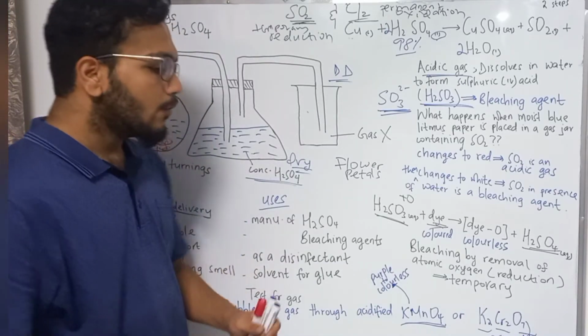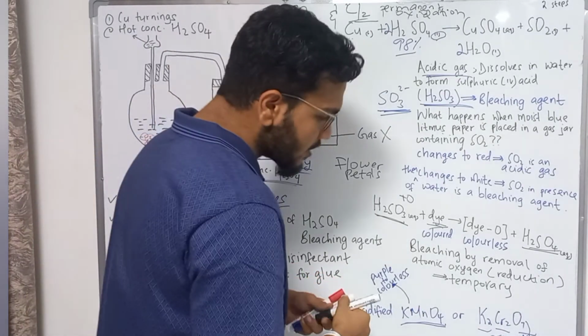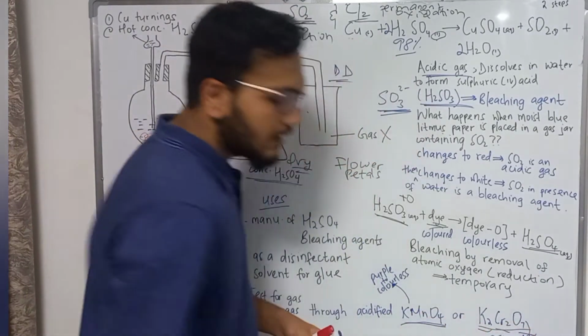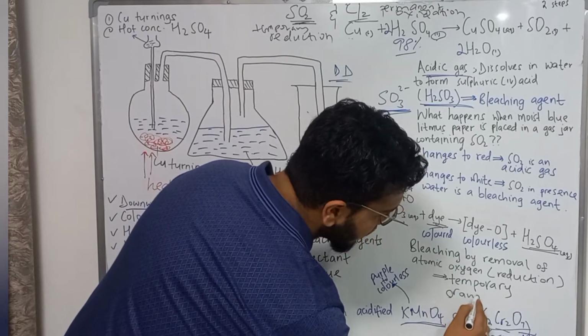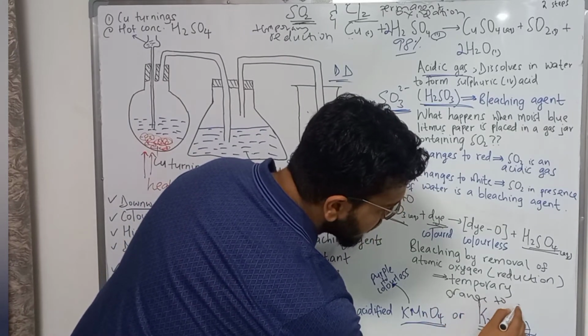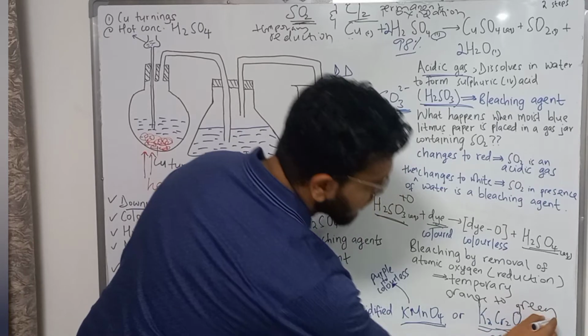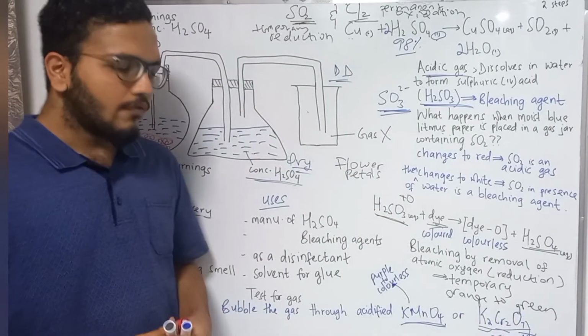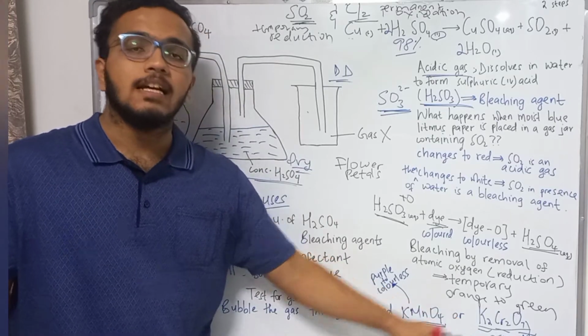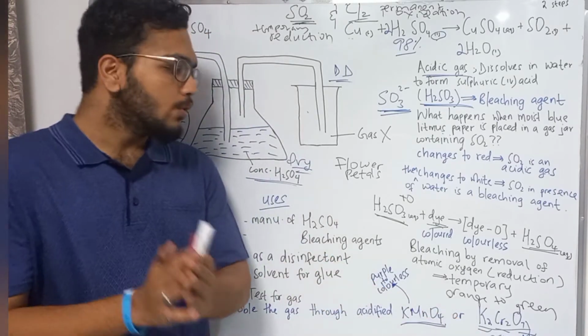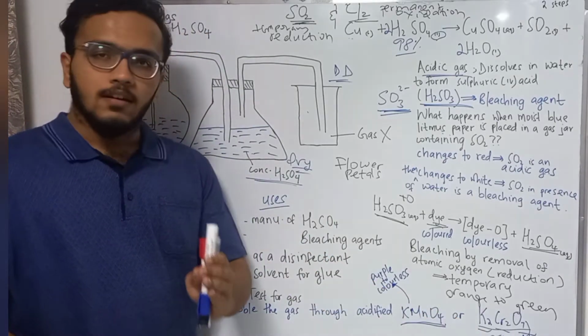And when it is bubbled through potassium dichromate 6, the color changes from orange to green. So for you to confirm presence of SO2 by bubbling it through potassium dichromate 6, the color has to change from orange to green. Let's recess.